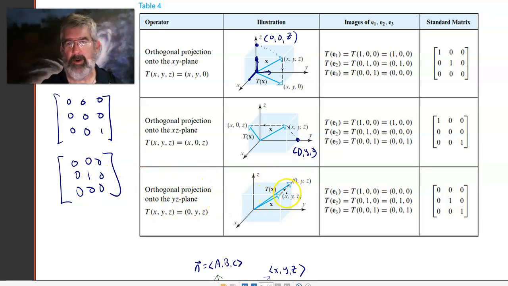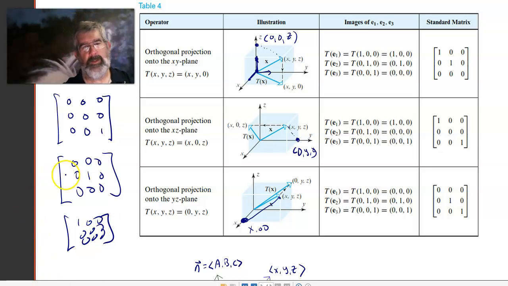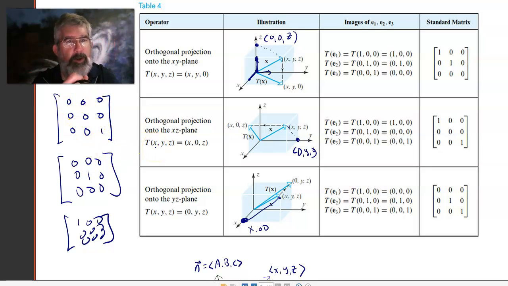Or you could project onto the x-axis, which would get me down to x, 0, 0, and I'd have this. And it makes sense to me to see all these 0 rows. The space I'm projecting onto is a one-dimensional thing, and so I would only expect to have one independent column or one independent row in the matrix that's doing this.